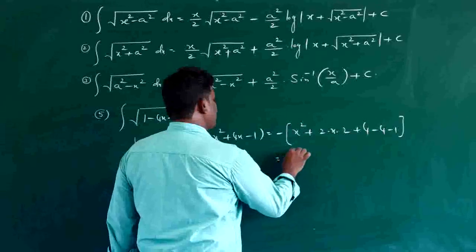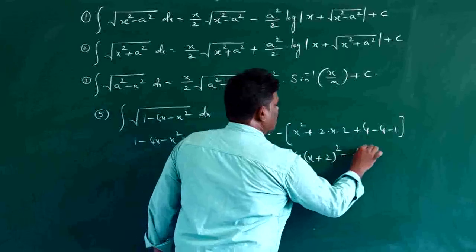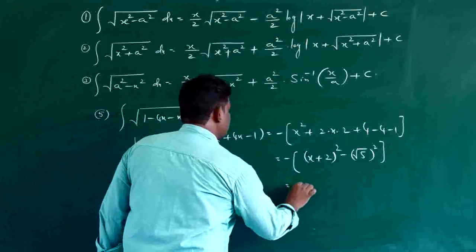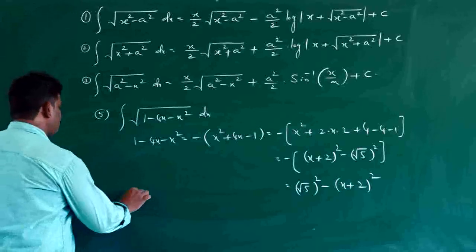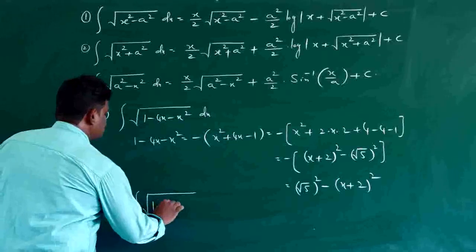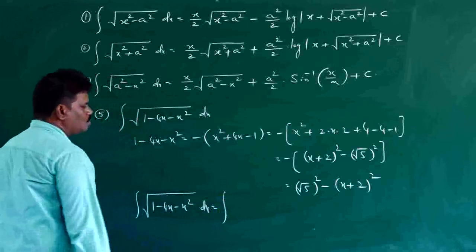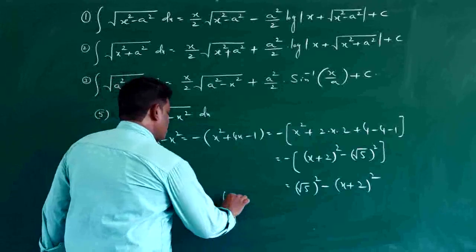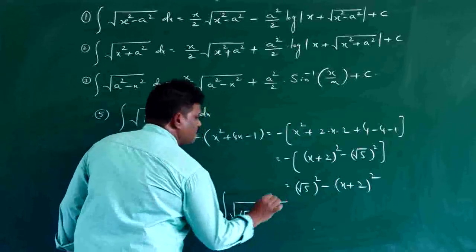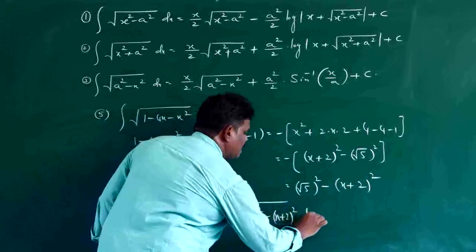That is equal to minus of x plus 2 whole square minus root 5 whole square. Now if we take the minus common, the integral of square root of 1 minus 4x minus x square dx is equal to integral of square root of root 5 whole square minus x plus 2 whole square dx.